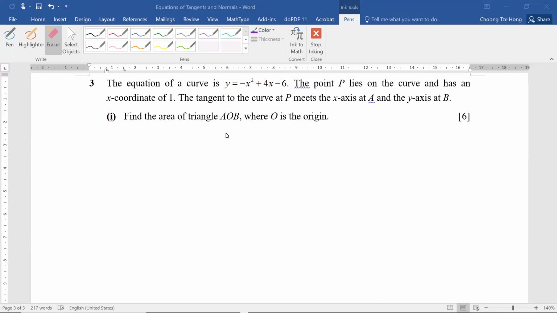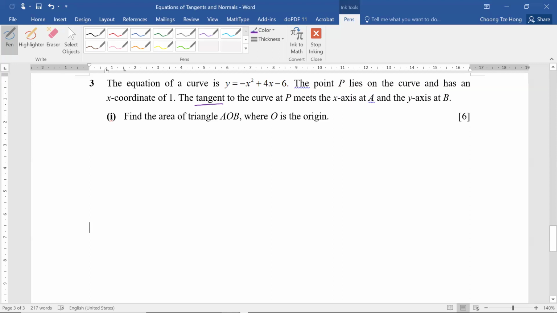To find the area of triangle AOB, we will need to know the coordinates of A and the coordinates of B. A lies on the x-axis, so if we know the equation of the tangent to the curve at P, all we need to do is sub y equals 0 inside, and we will get the x coordinate.